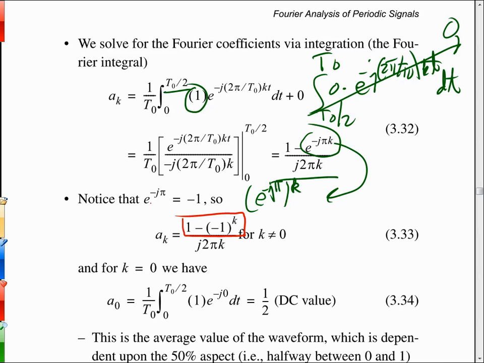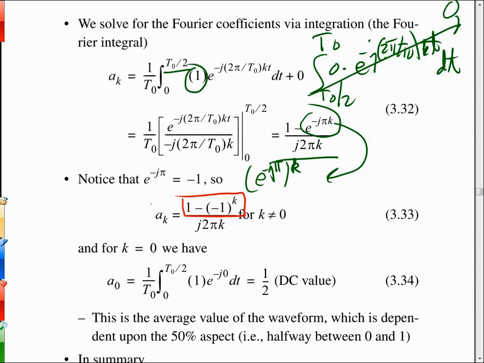When you see something like that happening, we can then simplify further and say that that A_k term is actually going to be equal to 0 when k is what? An even value, because minus 1 to an even power is always going to give us 1. When k is odd, we're going to have constructive interference between those two terms.